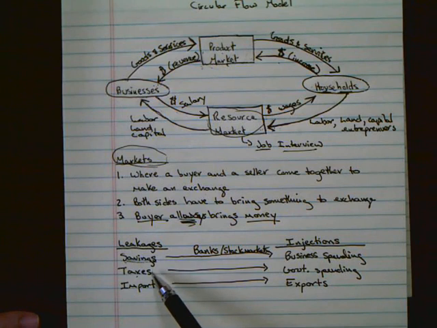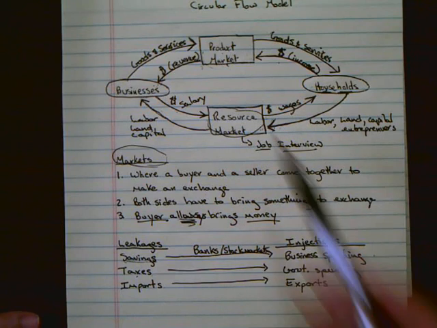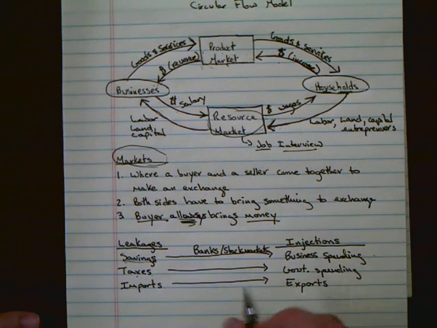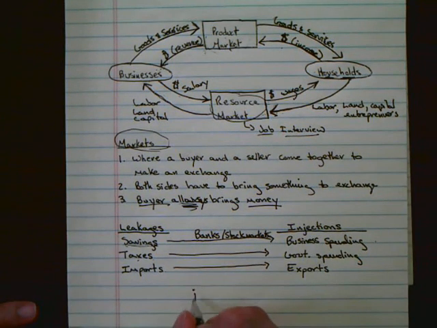So again, you have three reasons why your money doesn't get back in the circular flow: savings, taxes, imports. If you're not spending the money, somebody else needs to spend it. Businesses largely spend our savings, government spends our taxes, and foreign countries, when they buy our exports, put the money they earn through imports back into our circular flow.